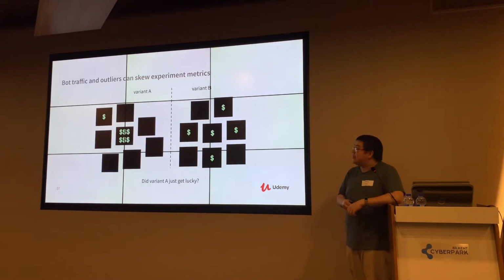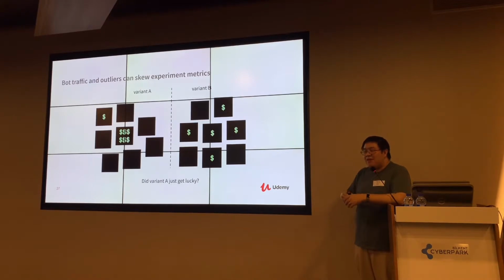Another way to skew results is if you have power users who end up behaving very, very differently from other users on our site. So for example, let's say that you're interested in trying to run an A/B test where your measurement is the revenue per visitor who comes to the site. If you have some users who actually spend a lot of money, they can throw off your results considerably.